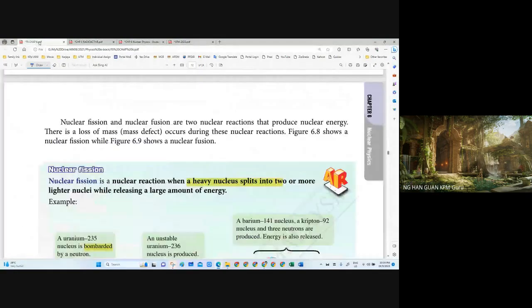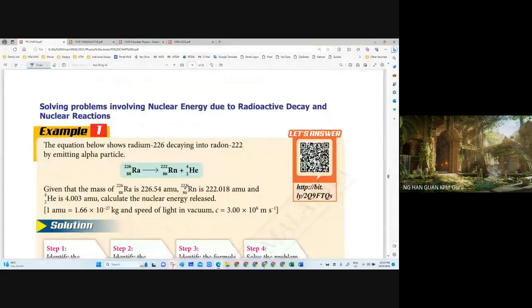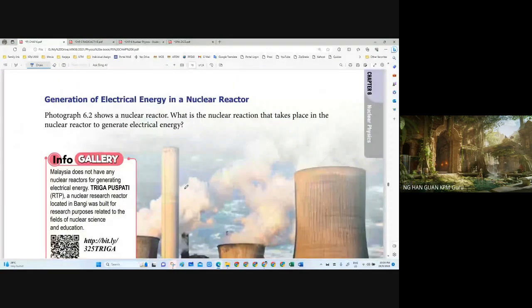The next thing you're going to learn is the basic concept of the nuclear reactor, so that you know what is meant by a nuclear reactor.